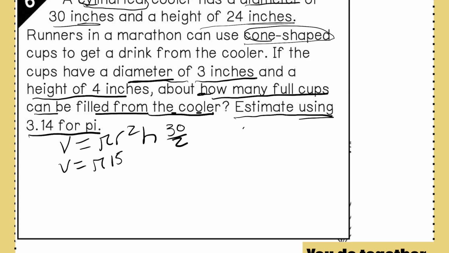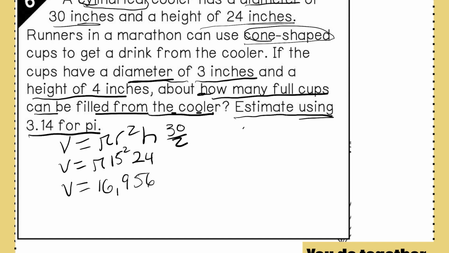It's going to be 15 squared times our height of 24. When we multiply, we're going to use 3.14 for everything because that's what it tells us to do. So our volume is 16,956.